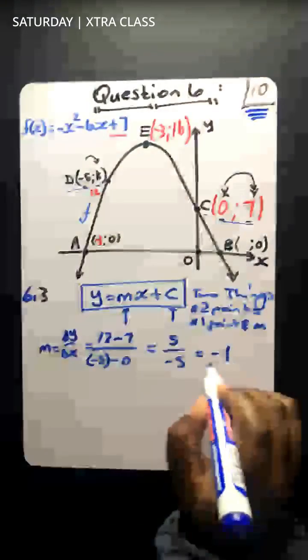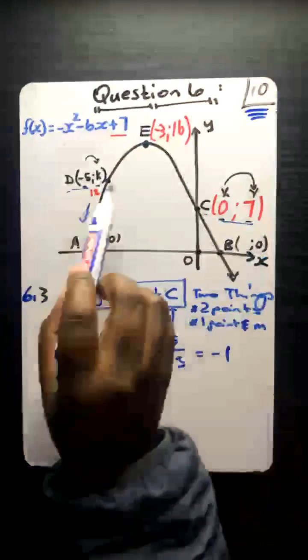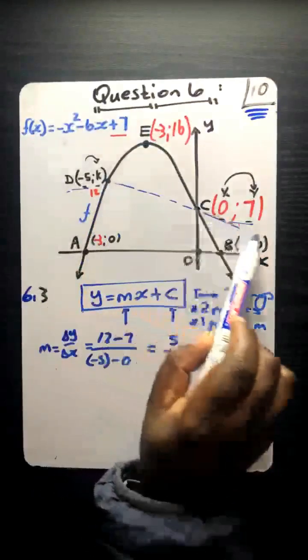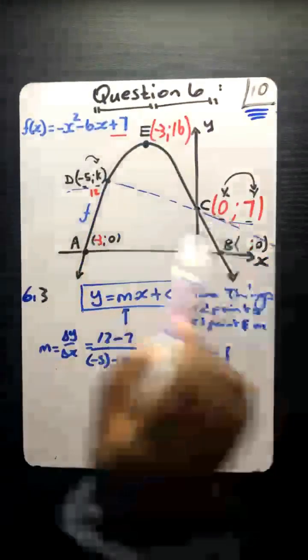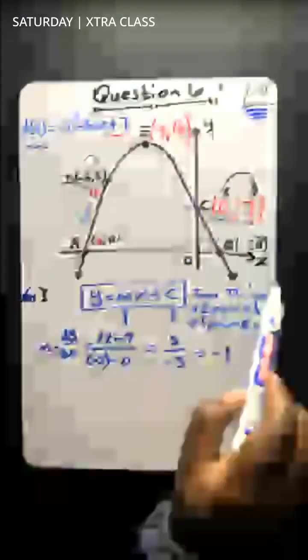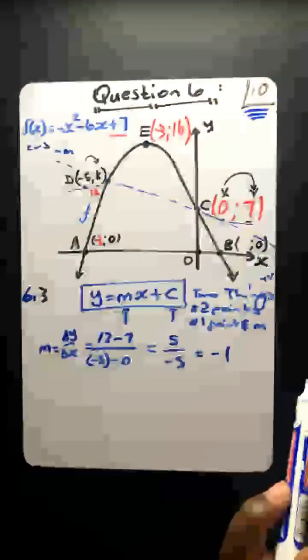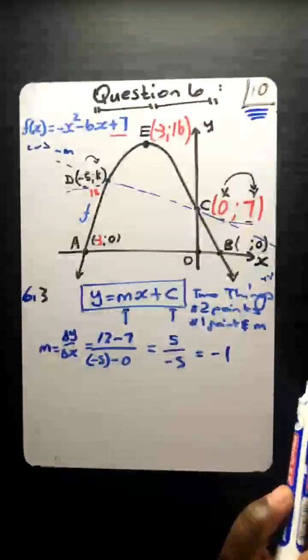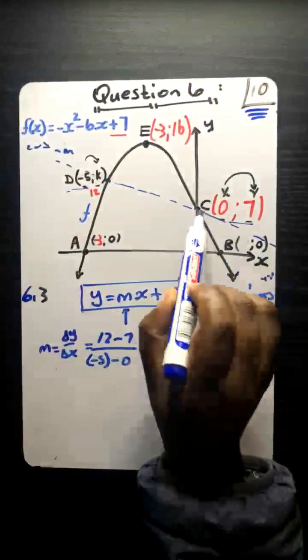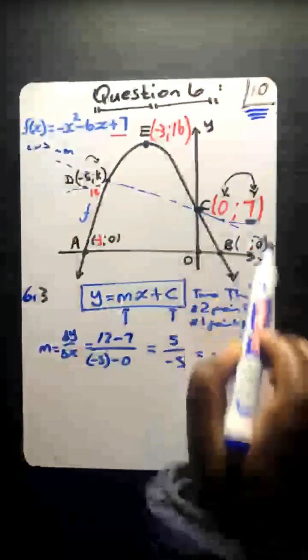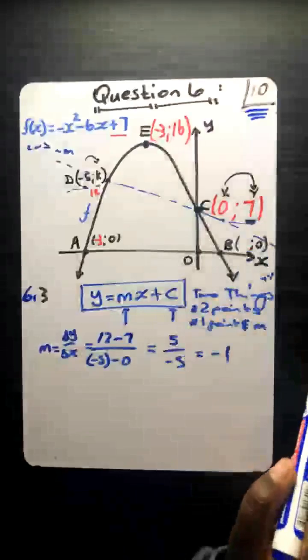Because if you connect those two, you realize you end up having a straight line that will end in the second quadrant and the fourth quadrant. Therefore, it has to have a negative gradient. And most importantly, honorable members, because it is passing through that point C that we already know its value, then we might not need to worry about calculating the C value.